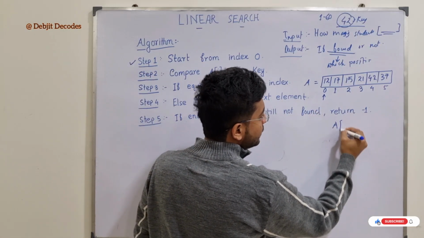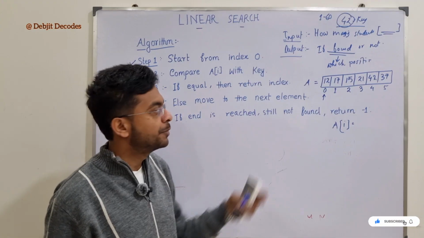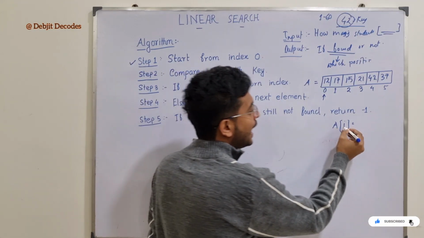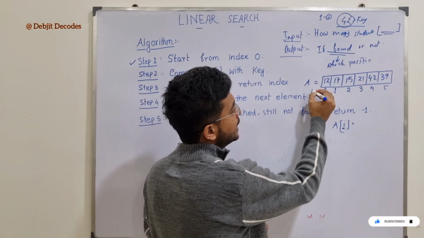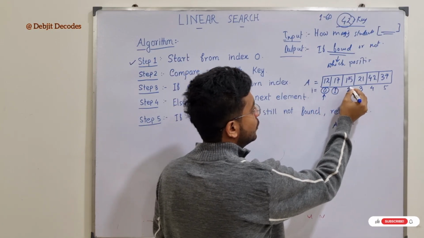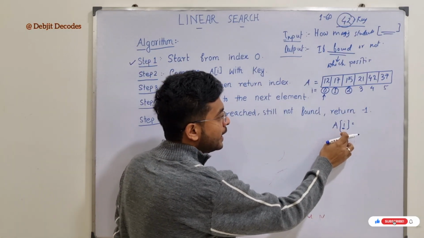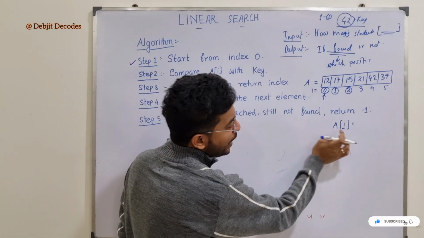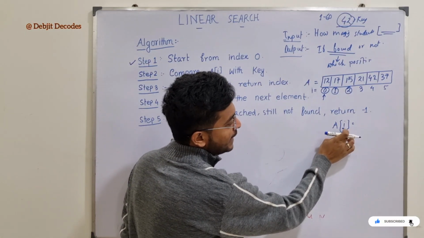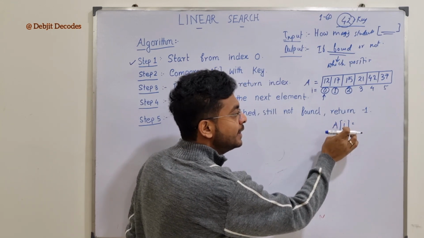A of i is nothing but, if you know the concept of for loop and array, you know that i is the index number. So these are the i values. 0 is an i value, 1 is an i value, 2 is an i value, and so on. Right? So what is A of i? i is specifying which position, and A of i is saying what the value is in that position.